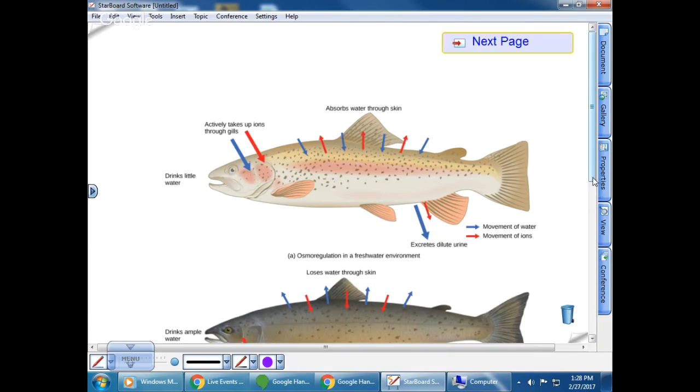Okay. So we can look at what happens in freshwater versus marine fish. The same as with the planaria and the earthworm, if I am in a freshwater environment, I am going to get water taken up through my skin. So a freshwater fish passively gets water.